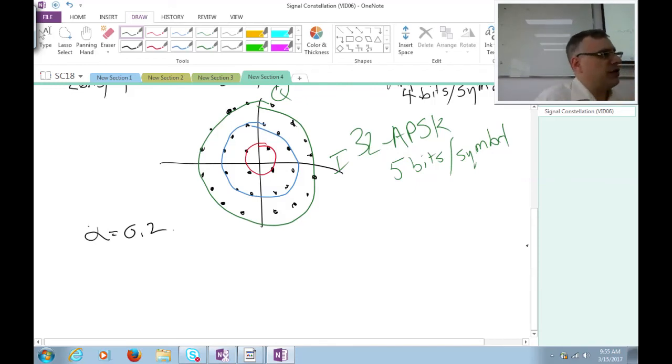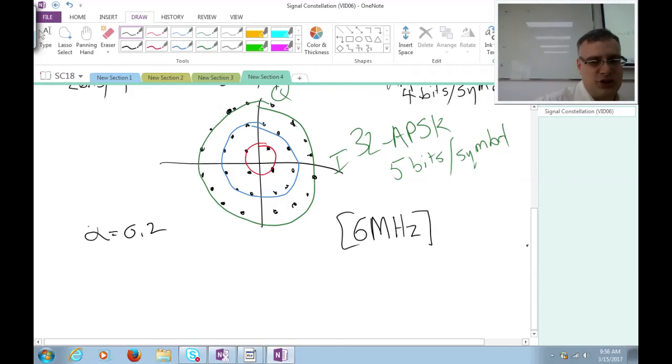So see if you can estimate, if I use DVB-S, the original standard, with its roll-off factor of 0.35, how much more raw data in bits per second can I transmit using 32 APSK and a roll-off factor of 0.2? These all, by legacy, fit into 6 megahertz bandwidth channels.